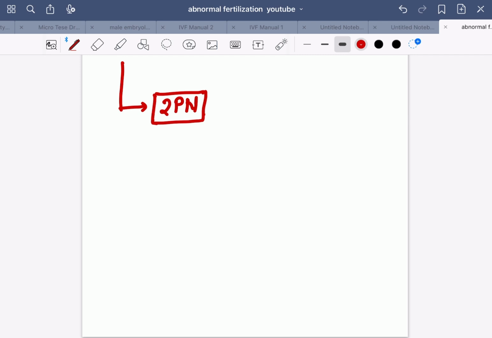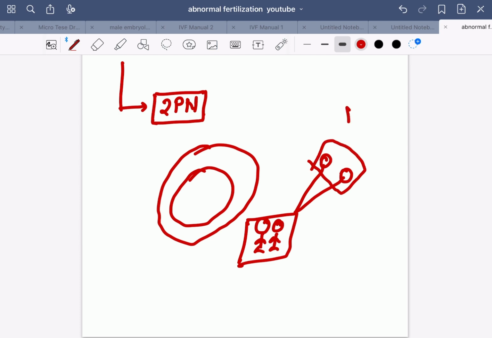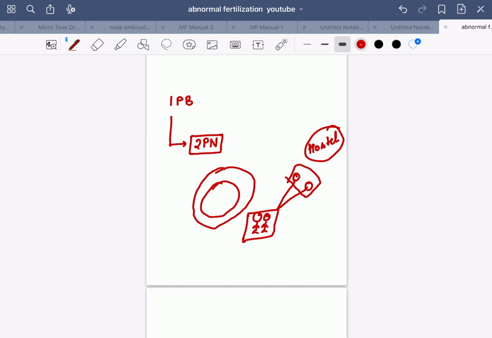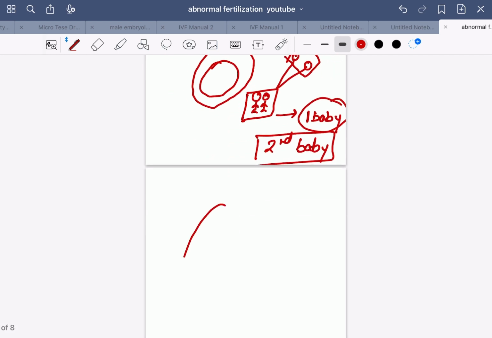Remember with the mnemonic, there was a rule that a couple will have two babies and those babies will live outside in the hostel. So these couples only have one baby. They haven't produced the second baby. So only one baby is outside and the couple lives here.